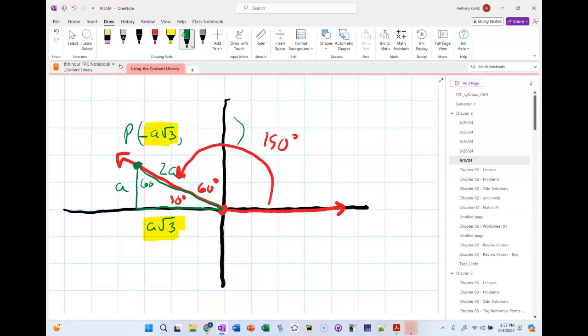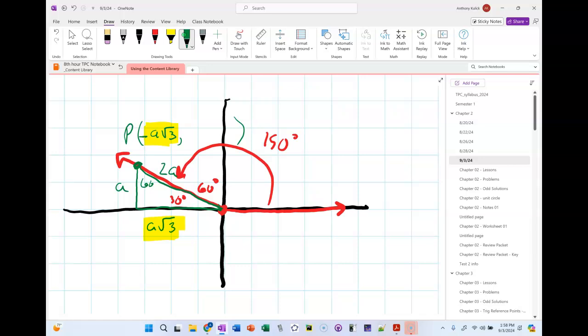Now, I will predict the next time you guys do this, at least two-thirds of you will forget that negative sign. I'm going to stop here and re-emphasize this, so maybe an extra one or two or three of you remember. This is difficult, though, what I'm asking you to do, because we're using a geometric reason to put that negative sign in there.